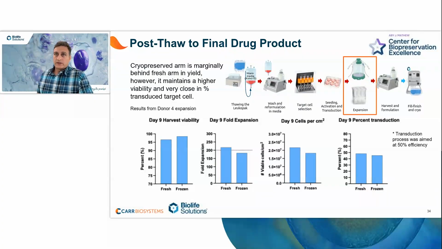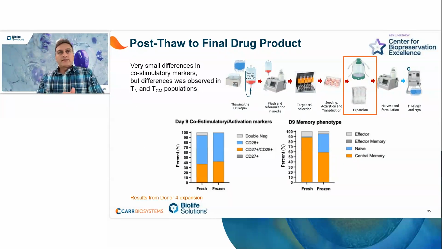Through the great work of our scientist, Martin Campbell, in the lab, the transduction level was targeted to be at about 50%, and we are smack in the middle with 50% on the fresh product on day 9. And with frozen, it's just tiny, about maybe 1 or 2% lower with the frozen product, which is amazing work.